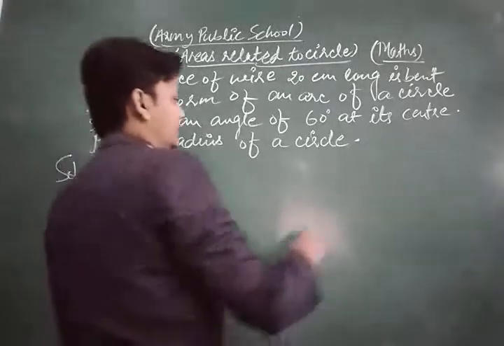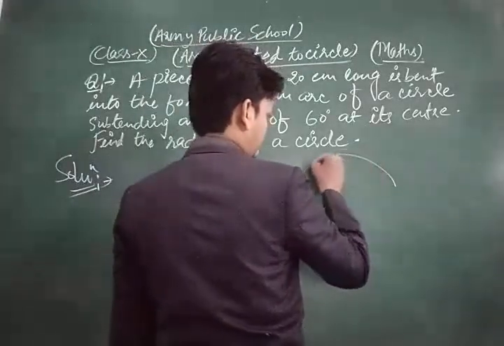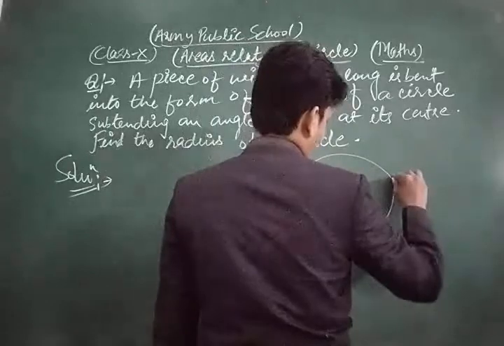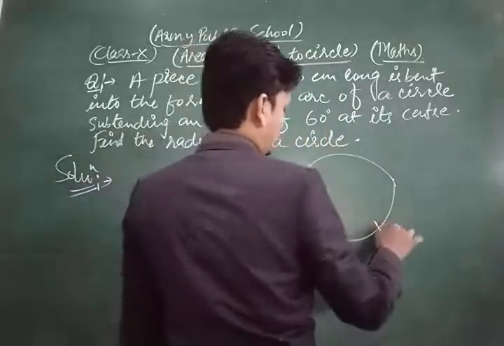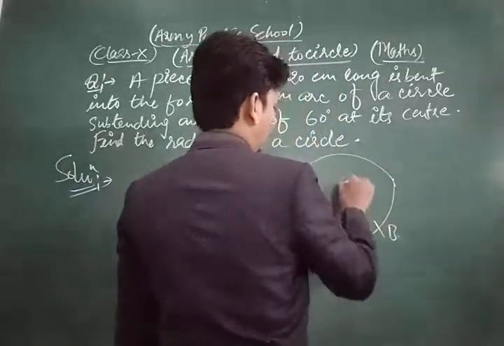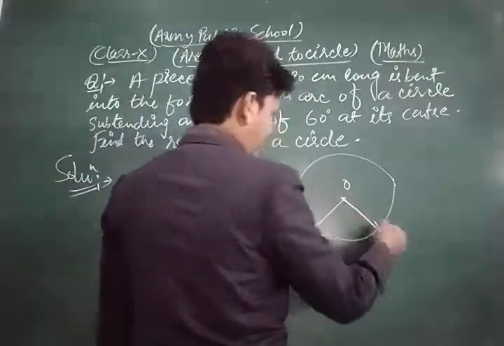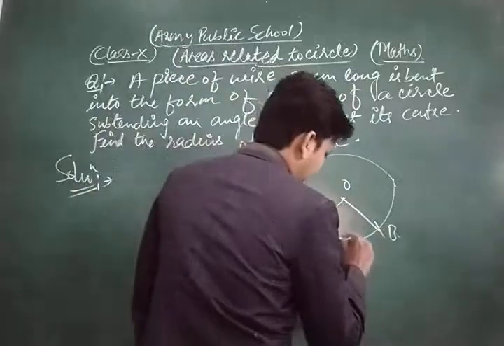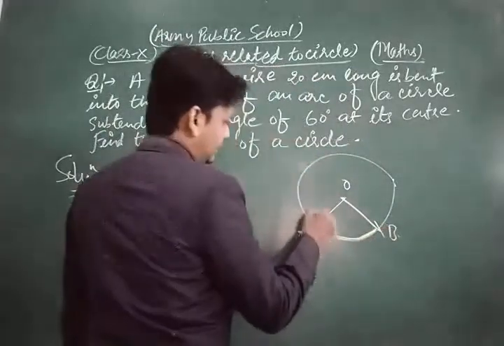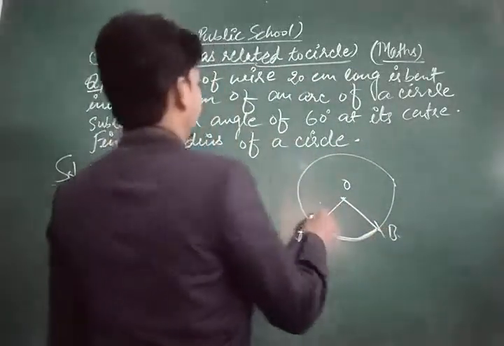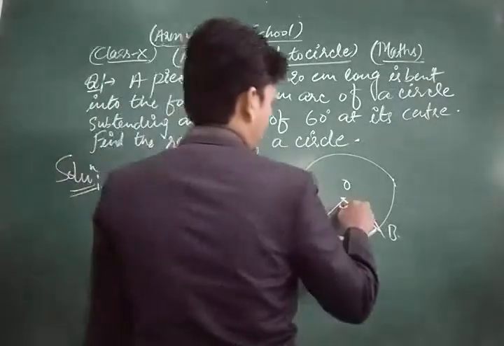Let AB be an arc of a circle and let O be the center of the circle. If we join OA and OB, then this is the length of the arc, this is the radius of the circle, and this is the central angle at the center.